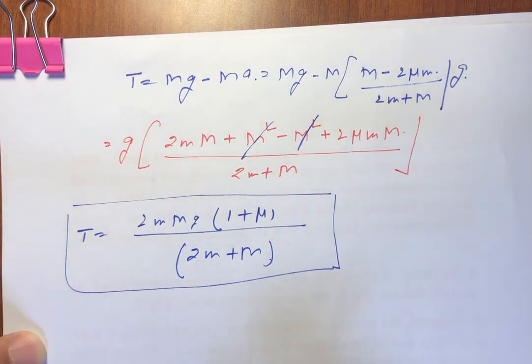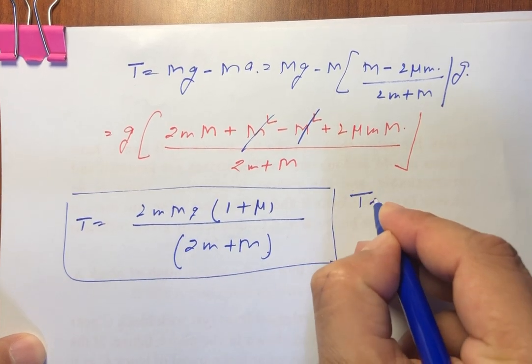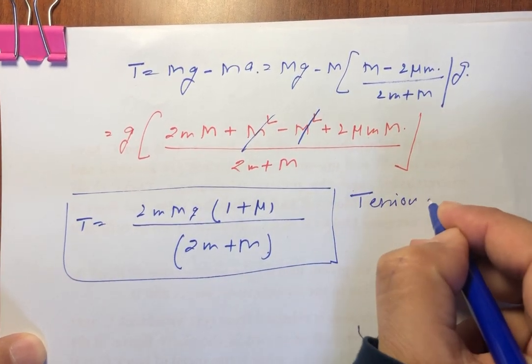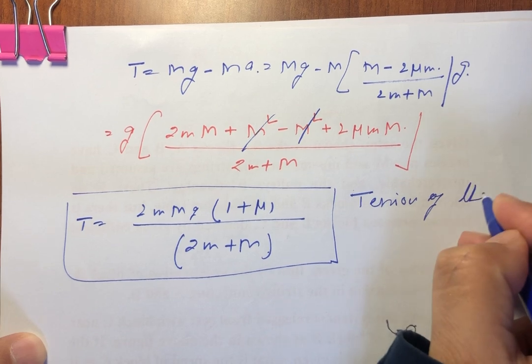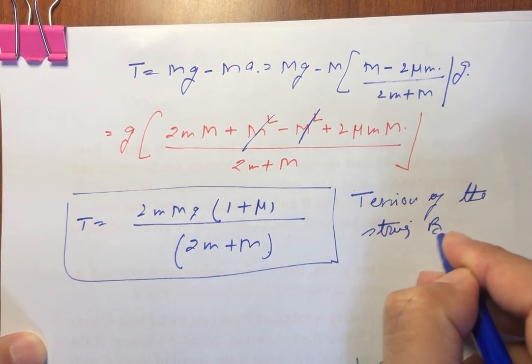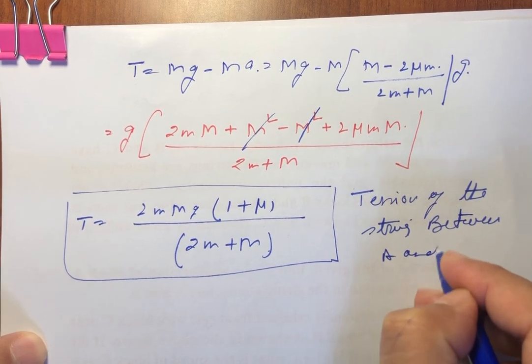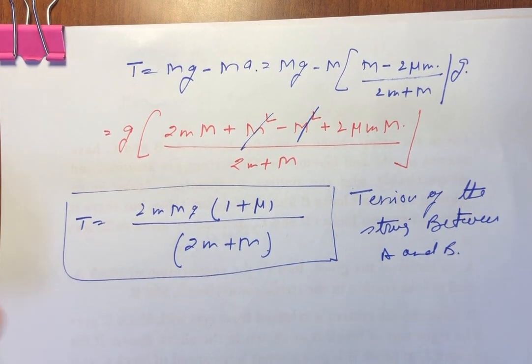So this is the tension of the string between A and B.